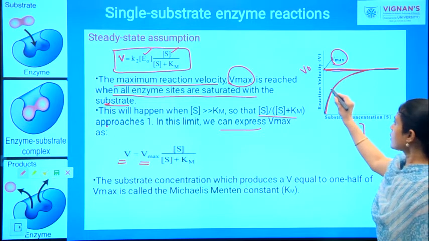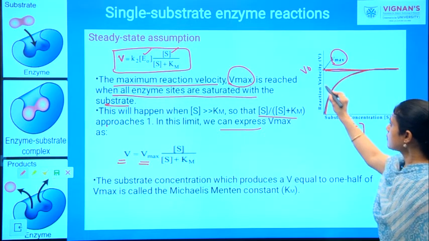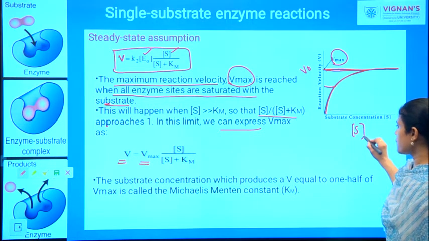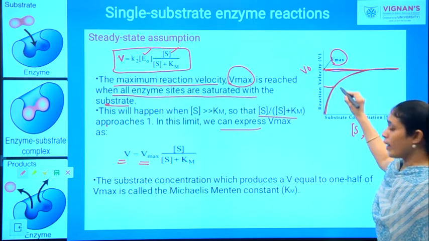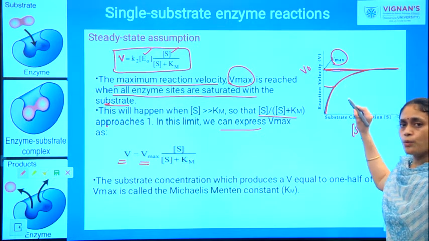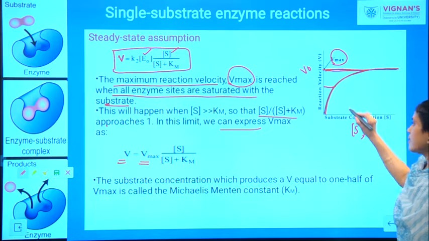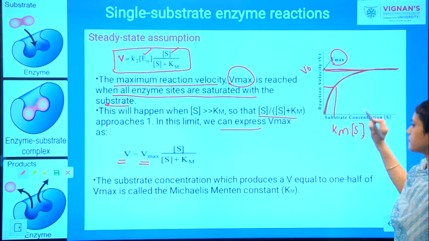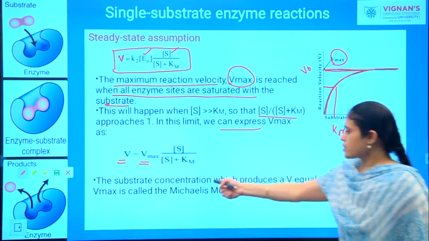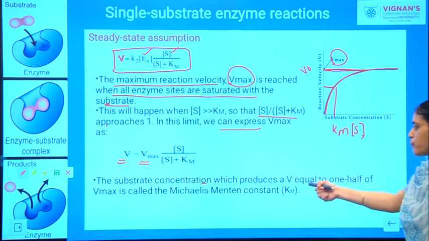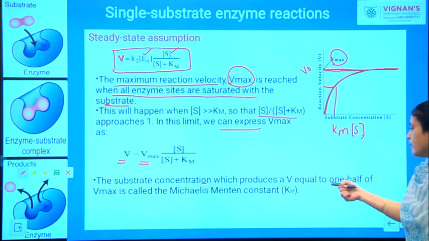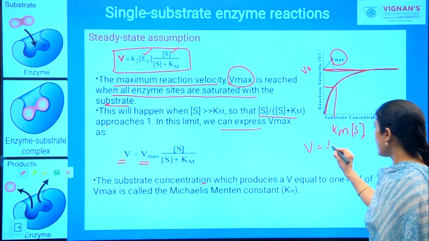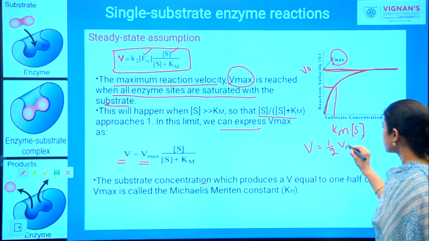If you consider the concentration of substrate where the velocity V is equal to half Vmax, that we are considering as Km. So the concentration of your substrate which produces a V equal to half Vmax.